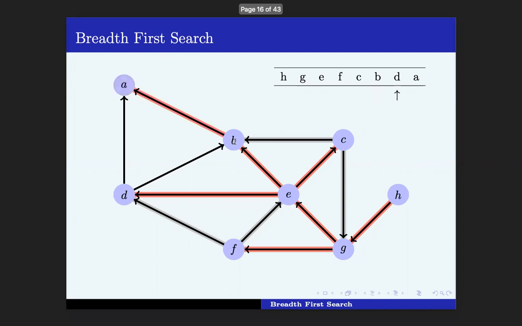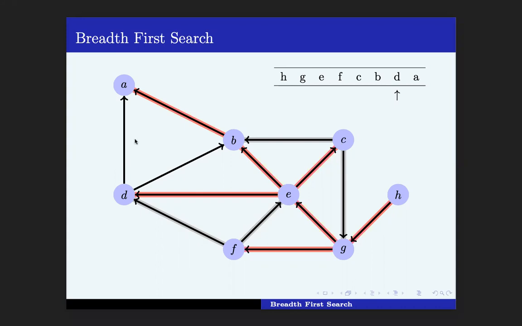B has only one neighbor, which is A. A is not visited, so I put A into level 4. This is like a distance: the minimum distance from H to B is 3, so A takes 4 steps.